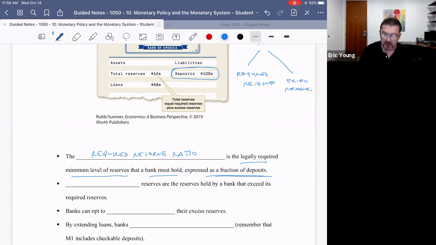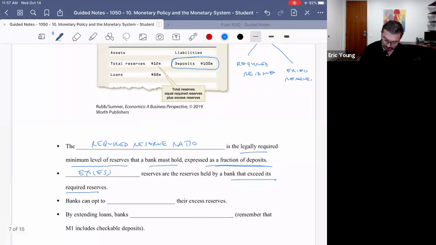The required reserve ratio is the percentage that tells a bank, if you have this much total deposits, you have to hold this much in required reserves. Excess reserves, as we've mentioned earlier, are the reserves that a bank holds that exceed its required reserves. And here's the critical thing.